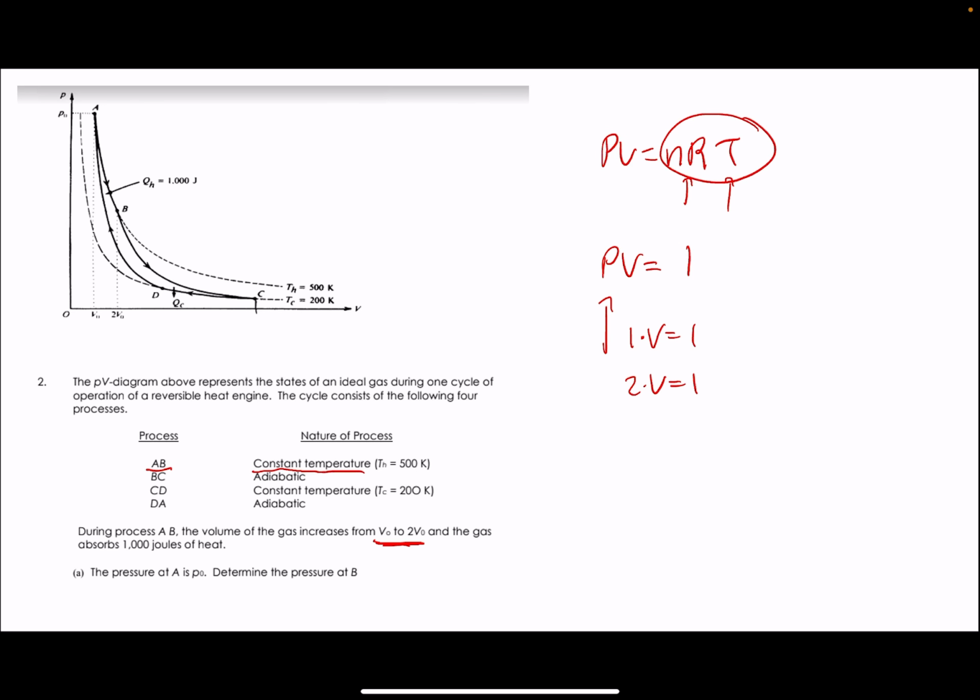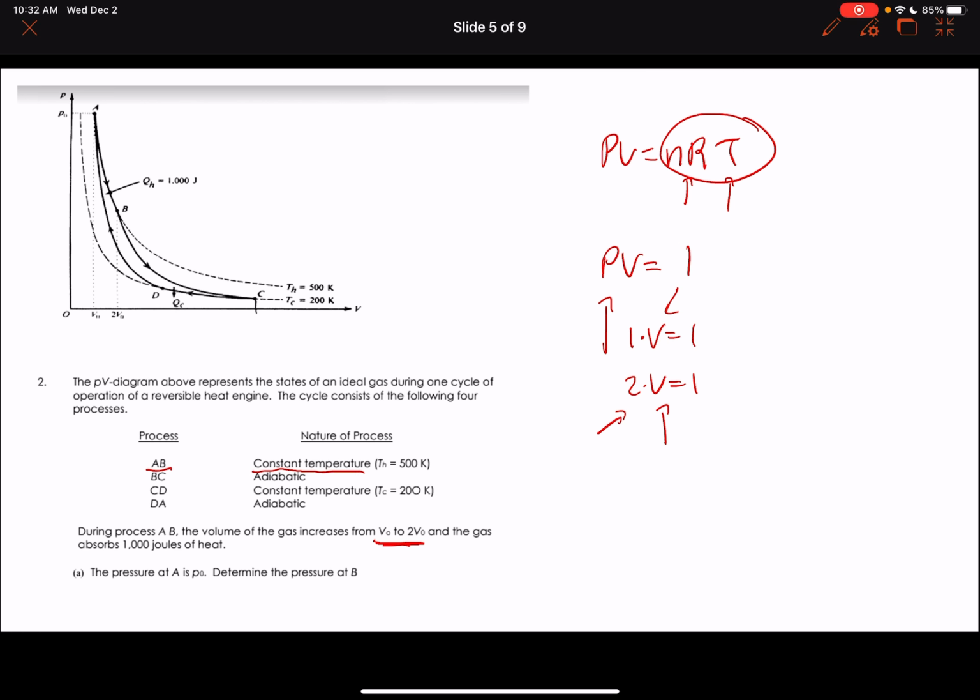If P increases, that's got to mean that V is going to decrease by that same amount. It's got to decrease proportionally, to 1/2. Because in this case, 1 times V is equal to 1. That means V is 1. But in this case, 2 times V equals 1 means that V has to be 1/2. So if this is staying constant, the amount that P increases is the amount that V has to decrease because they're inversely proportional.